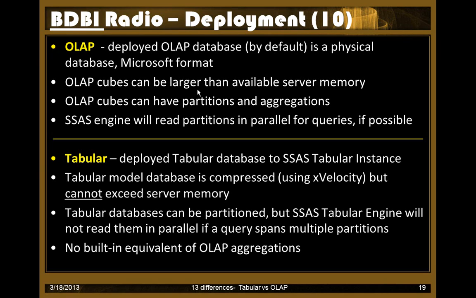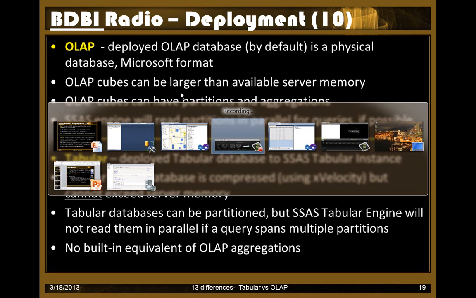If a cube has been partitioned or a fact table has been partitioned across years, and someone runs a query that spans all years, the engine will read those partitions in parallel if it can. And again, even if those partitions are larger than server memory, it can still handle it. So this particular methodology has been in place for years. It's tried and true. Now on the tabular side, it initially seems to be somewhat similar.